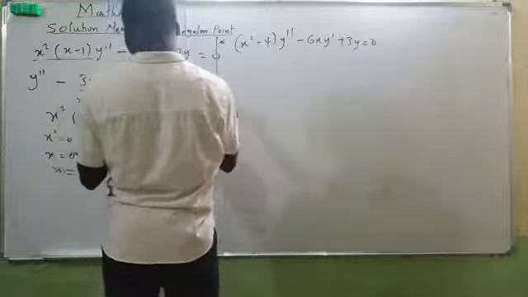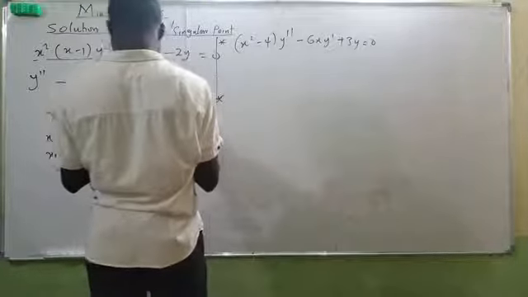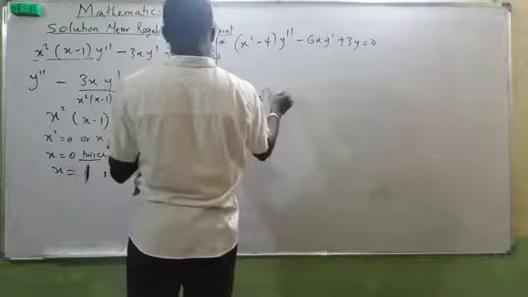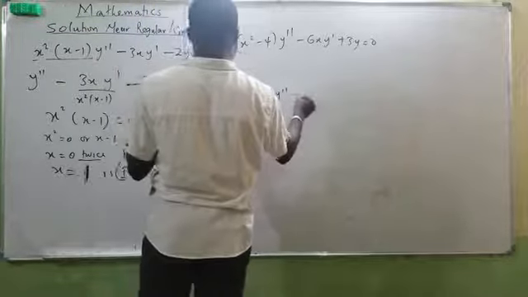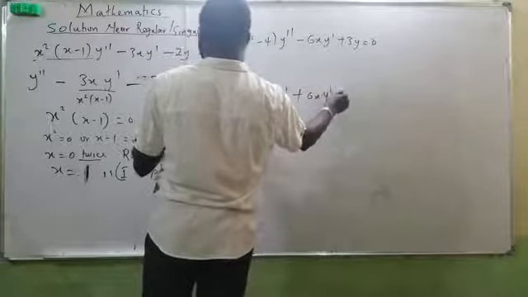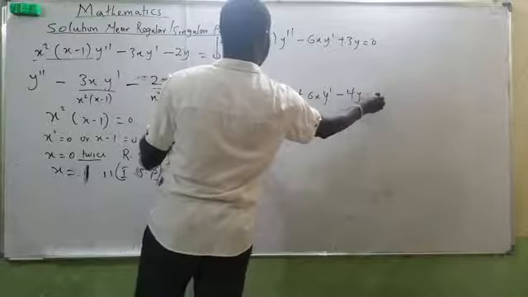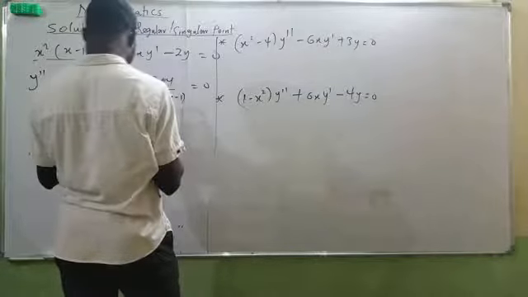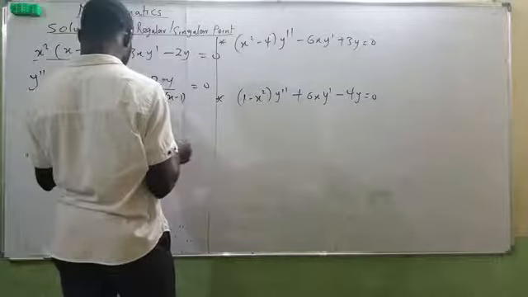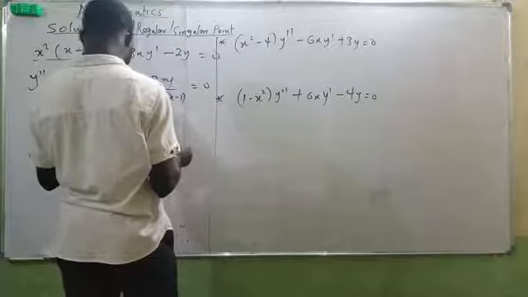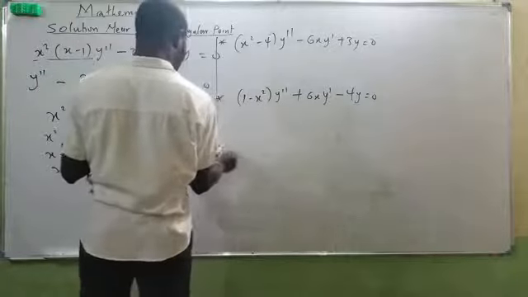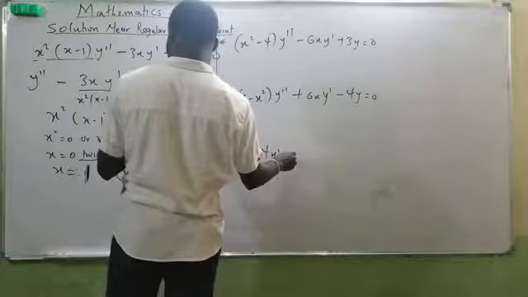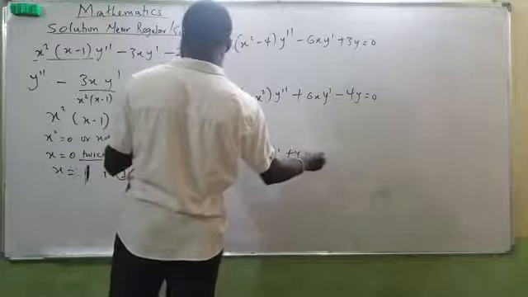I also move on to problem number 2, which I have 1 minus x squared bracket of y prime prime plus 6xy prime minus 4y equals 0. Problem number 2. And also I will have, now I have y prime prime plus 4y prime plus y equals 0.